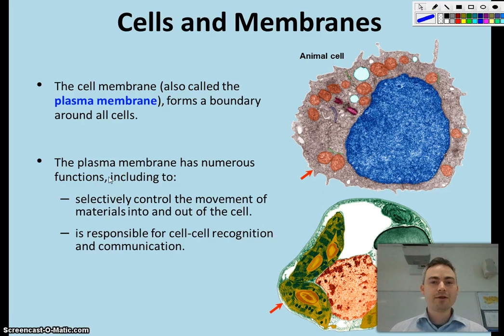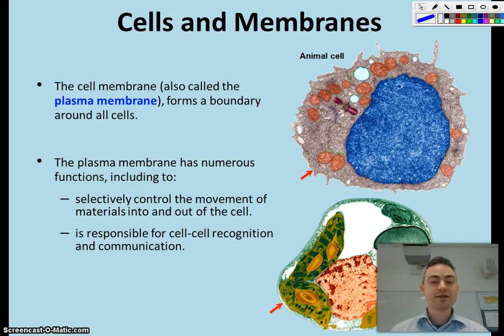So anyway, we know that there's multiple functions of this plasma membrane. Heaps and heaps of different things we could talk about. But there's really only a need to point out these two key features. If you're asked to describe what the function of the plasma membrane is, it is that it selectively controls the movement of substances or materials into and out of the cell.